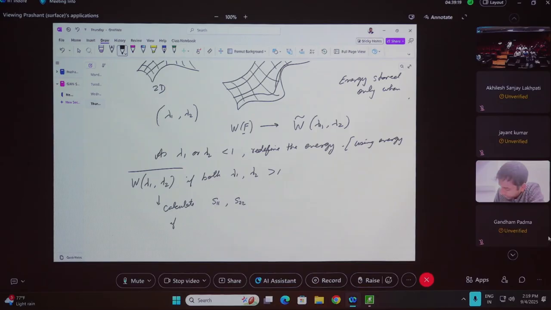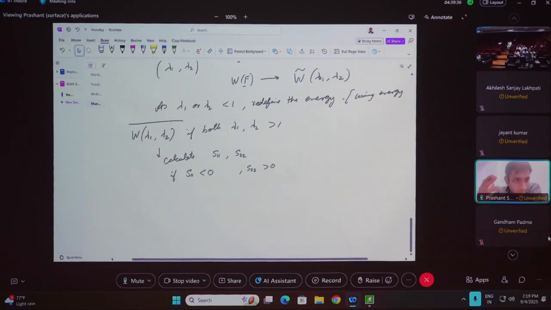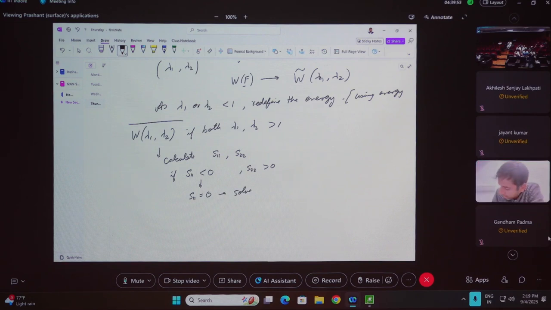So let's say S11 becomes less than 0, if this is what you get after calculation, that I'm getting a compressive stress in one direction, and S22 is greater than 0. Then you would say, no, that's not possible. I cannot have a membrane that has compressive stress in a certain direction. I'll put that to 0. I'll say S1 is actually not negative, it's actually 0. So use that and find out, if S1 is equal to 0, what is lambda 1 as a function of lambda 2?